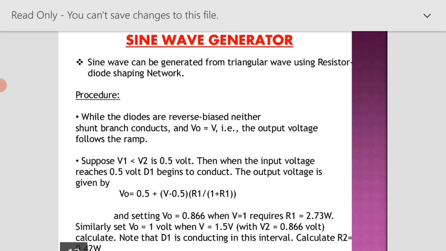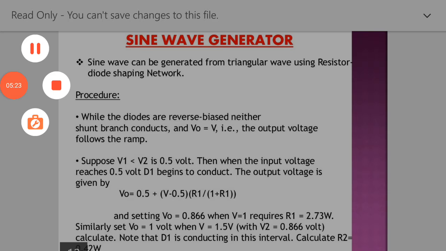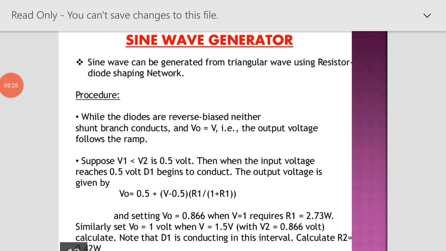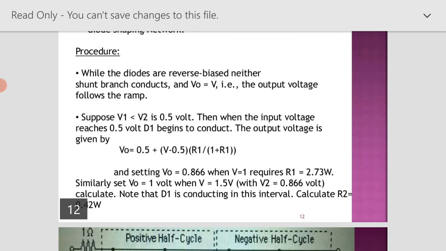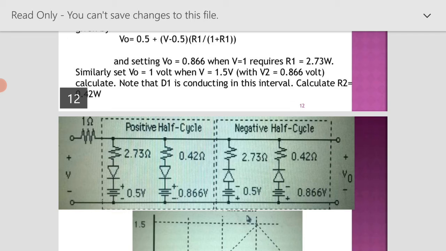The output voltage is given by Vo = 0.5 + (V - 0.5) R1/(1 + R1), and setting Vo = 0.866 when V = 1 requires R1 = 2.73 kilo-ohm. Similarly, set Vo = 1 volt when V = 1.5 volt with V2 = 0.866 volt, where D1 is conducting in this interval, R2 = 0.42 kilo-ohm.